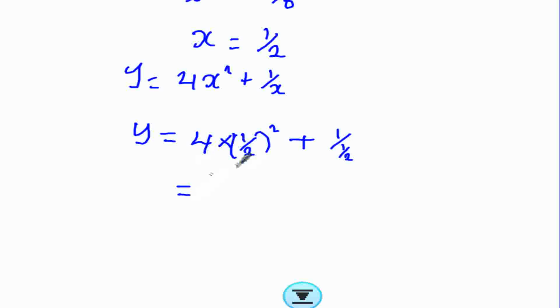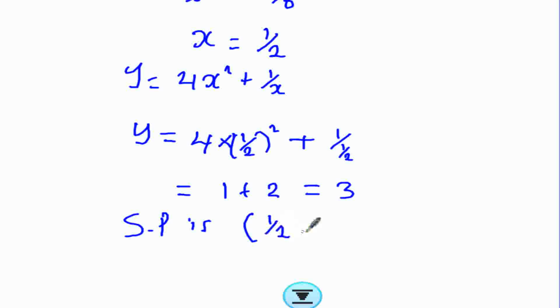This one is 1 over 4, and it cancels, that is 1 plus 2, which is 3. So our y value is 3. So our stationary point is (a half, 3). But we have to determine the nature of the stationary point.